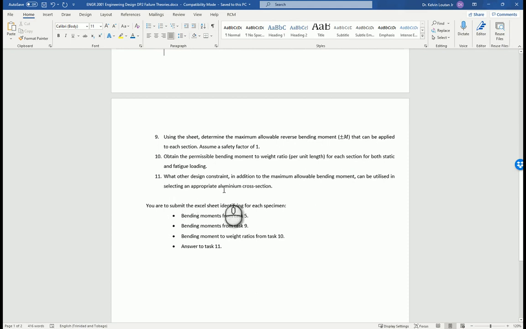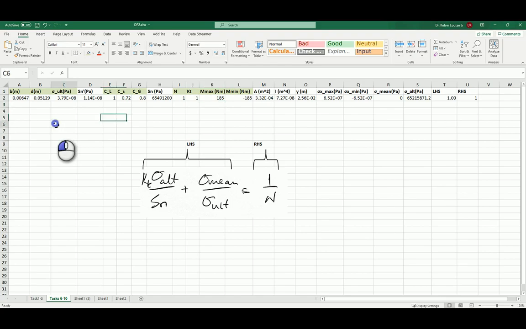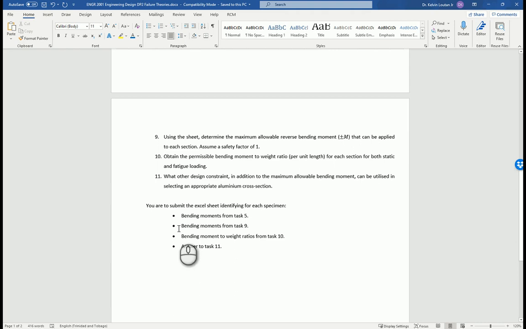And number 11: what other design constraint in addition to maximal allowable bending moment can be utilized in selecting an appropriate aluminum cross section? You discuss this with your group members, and you write the answer right in Excel. You could just come right here and type out the answer or answers if you want. All you're submitting is your Excel sheet.